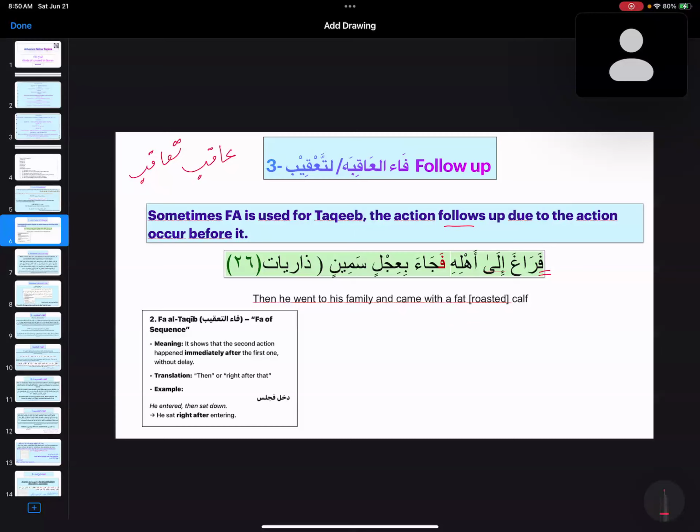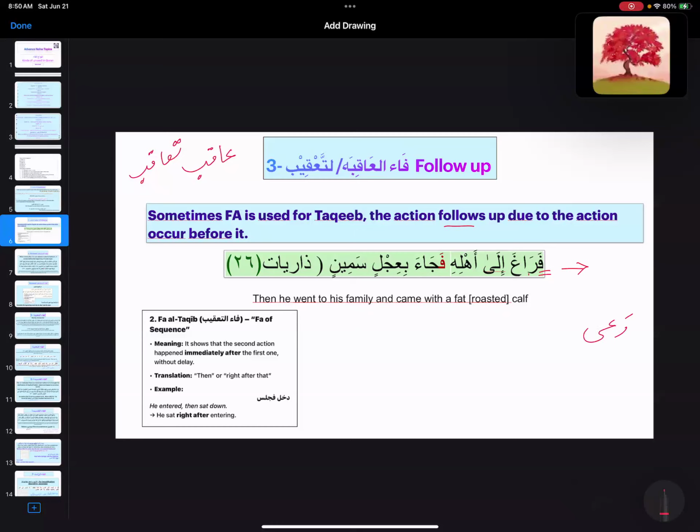So "faraga ila ahlihi," it could be isti'nafiya. We don't know what is before it. So 'ataf or isti'nafiya. And the root letter is ra, hamza and ra. Raghba, ra, ra.